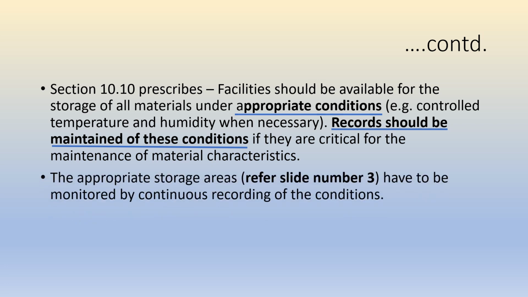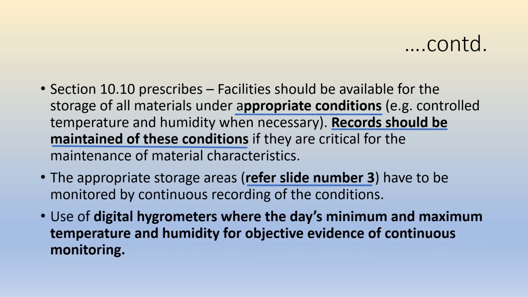The appropriate storage areas, refer slide number 3, have to be monitored by continuous recording of the conditions. Slide 3 has some basic storage conditions. You can have more appropriate storage conditions as per the characteristics of the product.